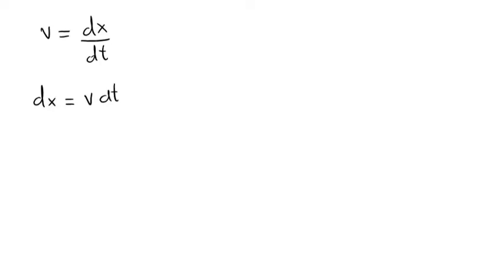But before we do that, let's bring in the integrals now. On the left-hand side, I'll bring in an integral with limits from x initial to x final with respect to x. On the other side, I'll bring in the limits from time 0 to t of v dt, like that.